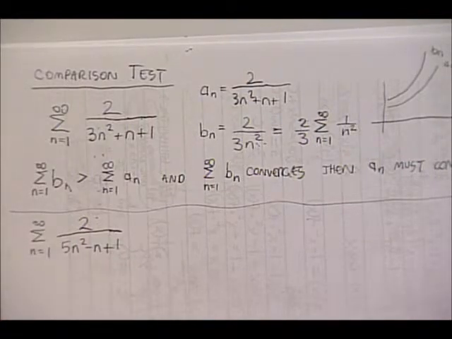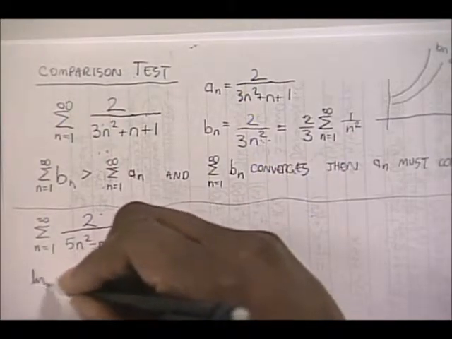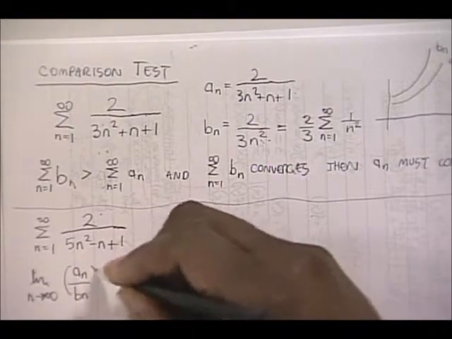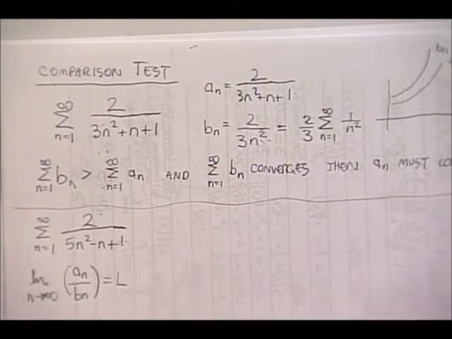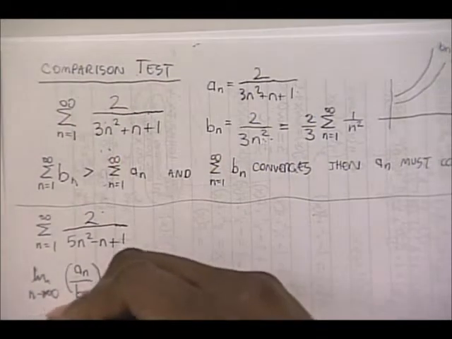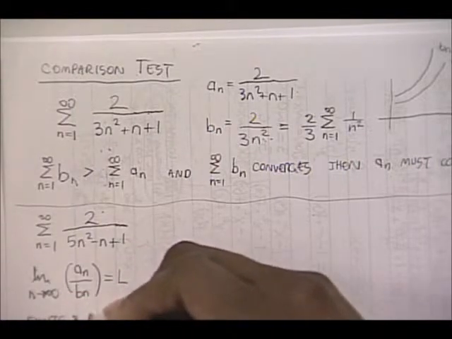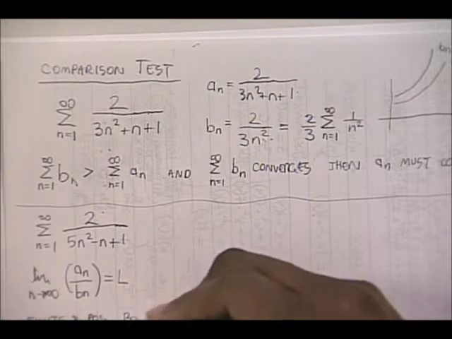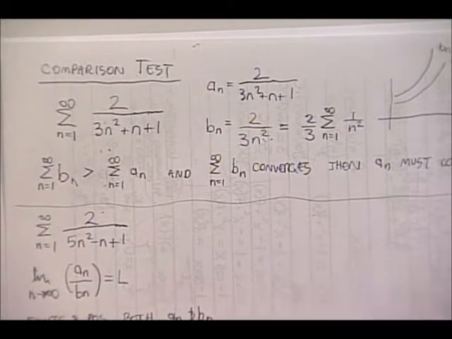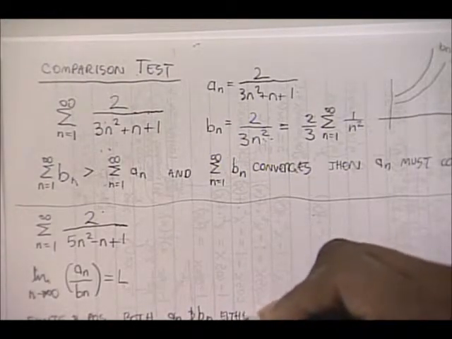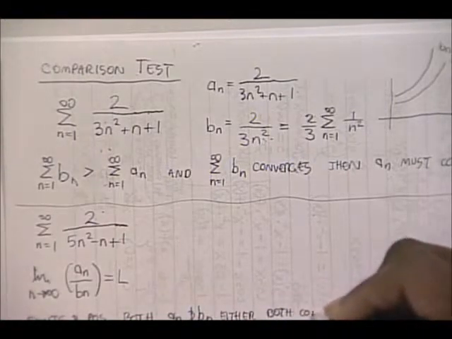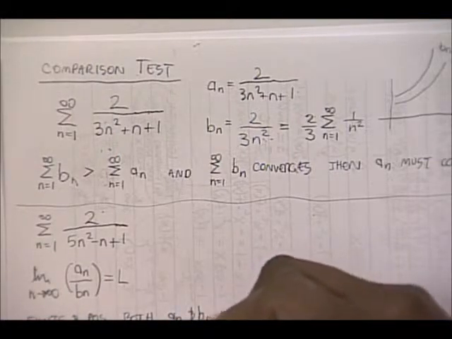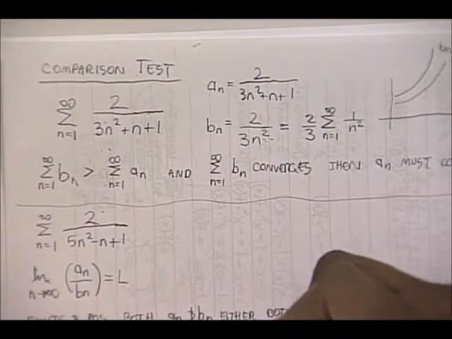This idea of a limit comparison test says that if you take the limit as n goes to infinity of A sub n over B sub n, and you get some limit L, if that limit L is finite and positive, then both A sub n and B sub n either both converge or both diverge. Either both converge or both diverge.